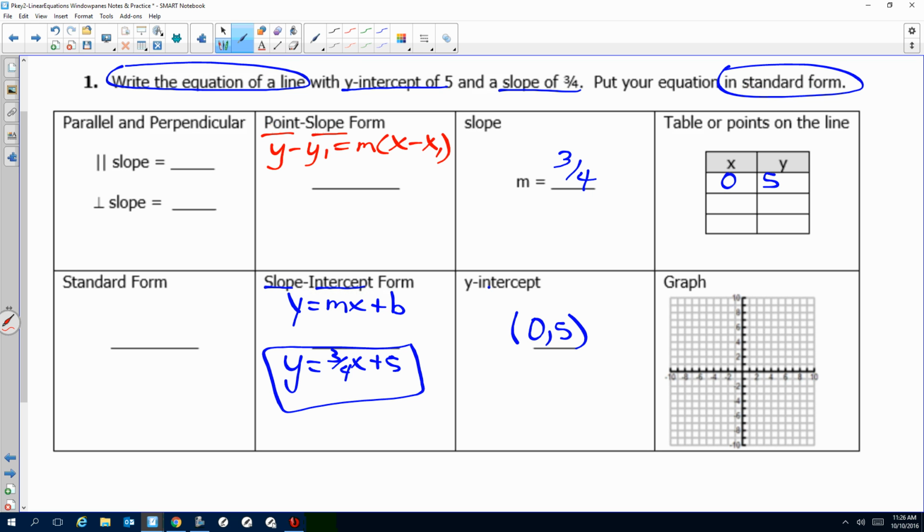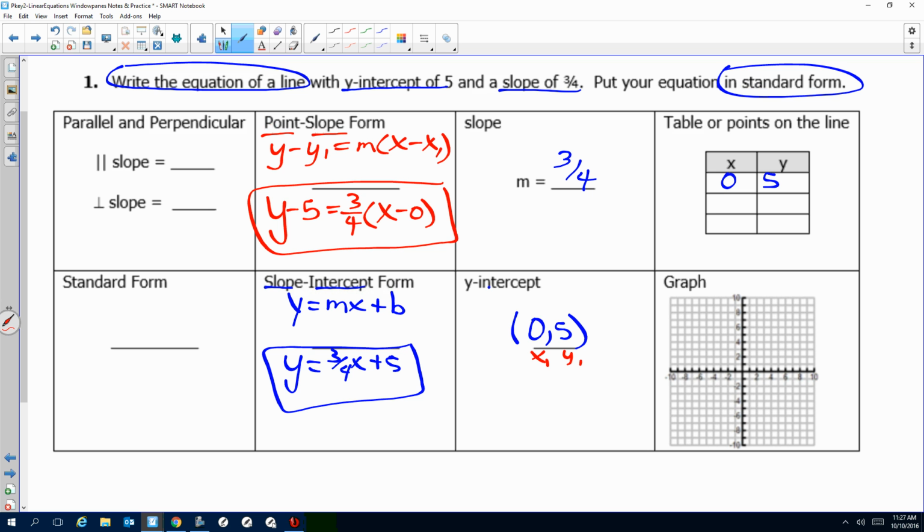That's it. Okay? So when I substitute the parts, if I'm using this as my point, my x1 and y1, then I would have y minus 5 equals 3/4, which is my slope, parentheses x minus 0. And that's point slope form. We're just writing it, plugging in the parts into the form.